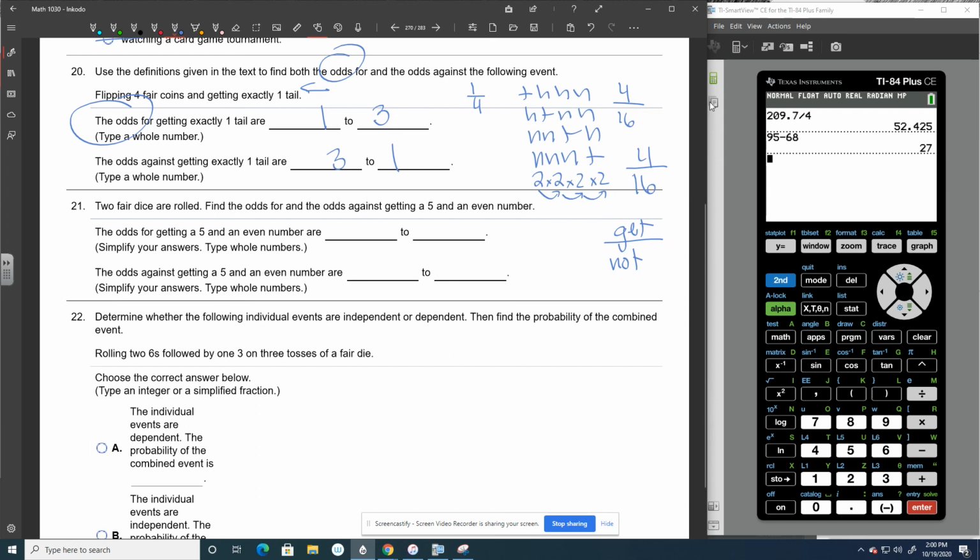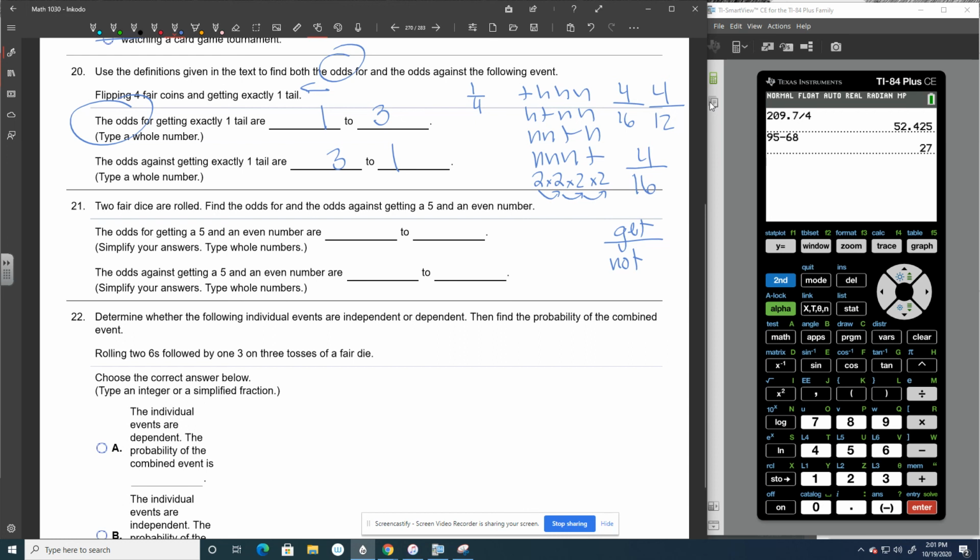Or in other words, this 4 over 16, there's 4 chances of it happening, and there's 12 chances of it not happening. So it's 4 over 12, which is 1 to 3 or 3 to 1. If it said, what's the probability of getting exactly 1 tails, you would say 1/4, but it wants the odds of getting it.